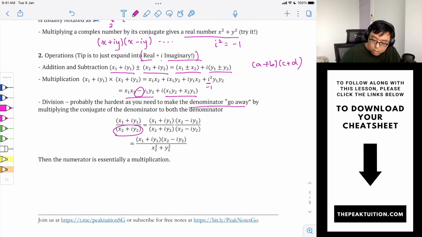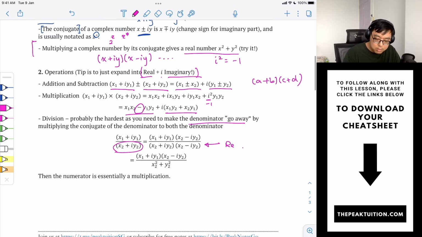When we multiply both the denominator and numerator with the conjugate, we basically turn the denominator into a real number. Because, well, we see this on top here. When we multiply a complex number by its conjugate, we get a real number.